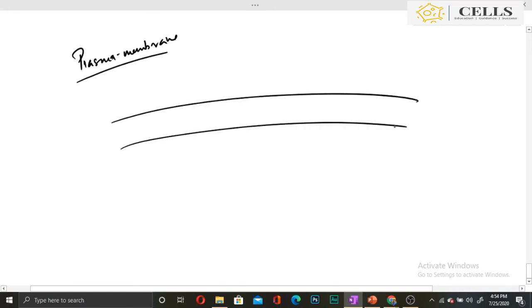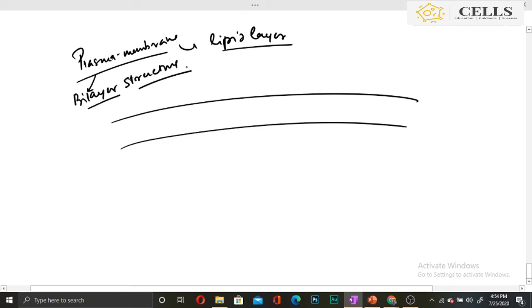We have a lipid layer mainly. So plasma membrane, we know that it is a bilayer structure. I have explained you individual components. Now I am summing up all these things.